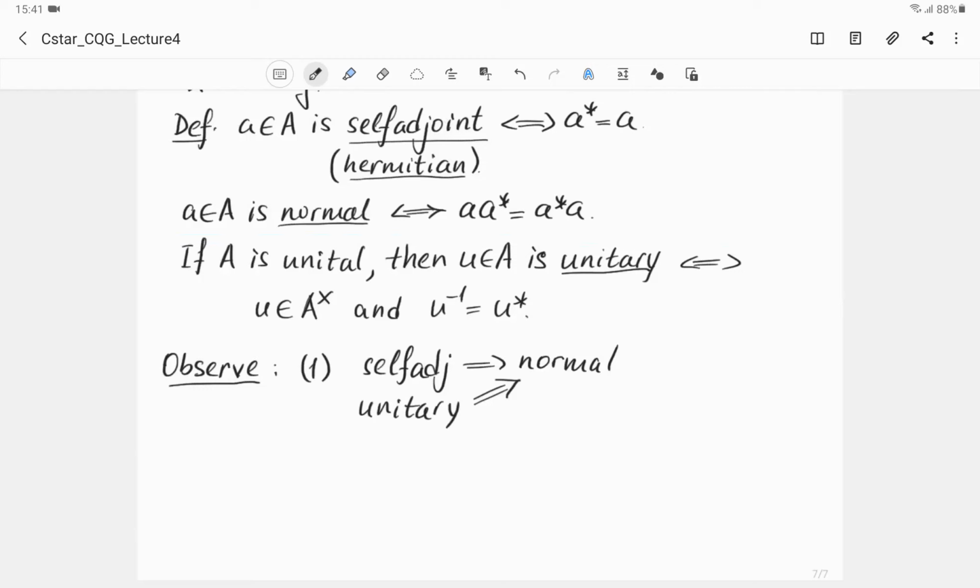If we prove something for normal elements, then our result will be true in particular for self-adjoint elements and for unitary elements. And another observation, which is trivial but very useful: for each element a in our algebra, the element a star a is always self-adjoint. This is clear from the definition of the involution.